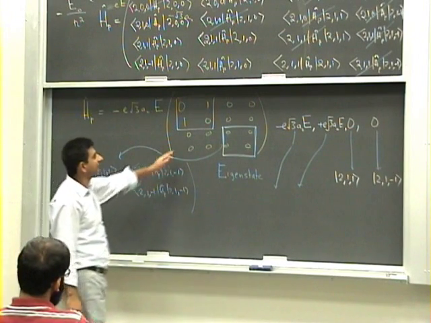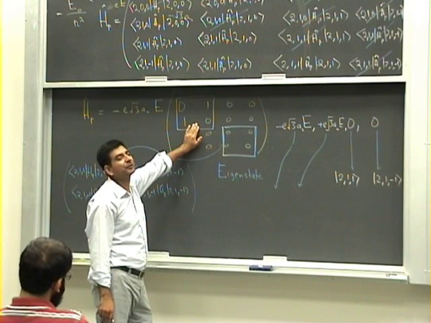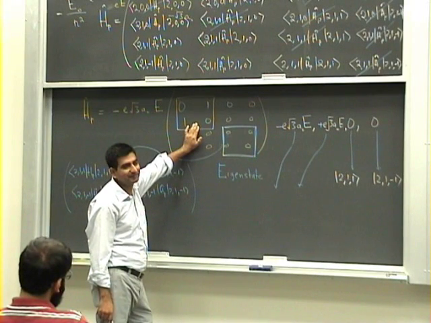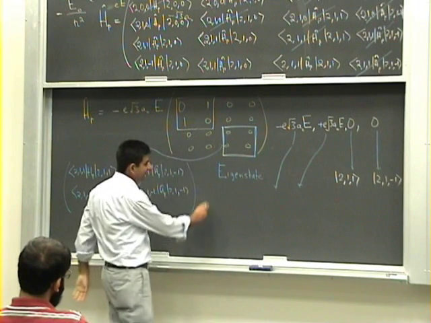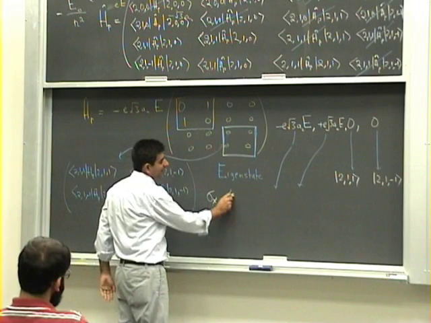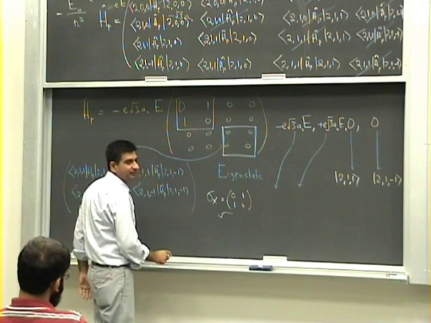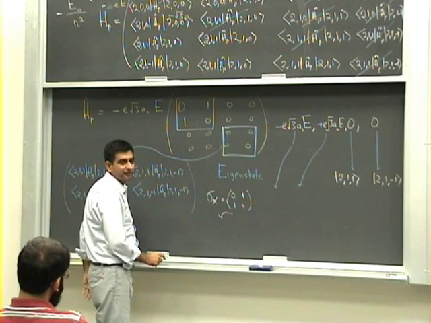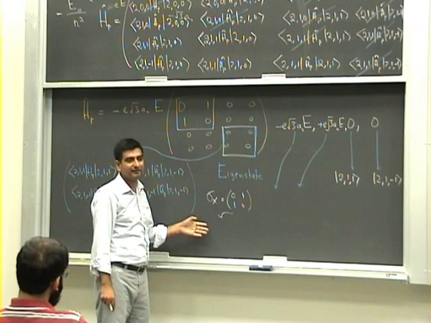These are just the eigenvectors of the Pauli sigma X matrix. And what are those states? These are equal superpositions. So what are the eigenstates of sigma X? This is sigma X. What are its eigenvectors? So this is the sigma X matrix.